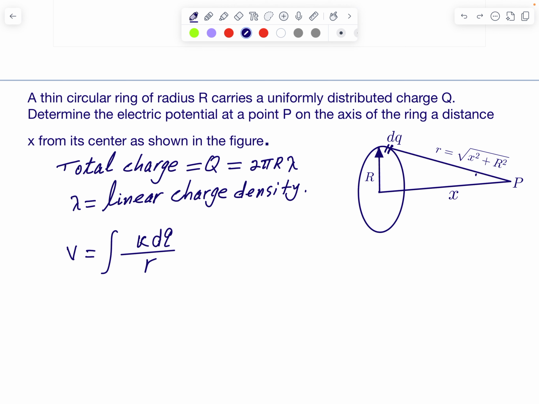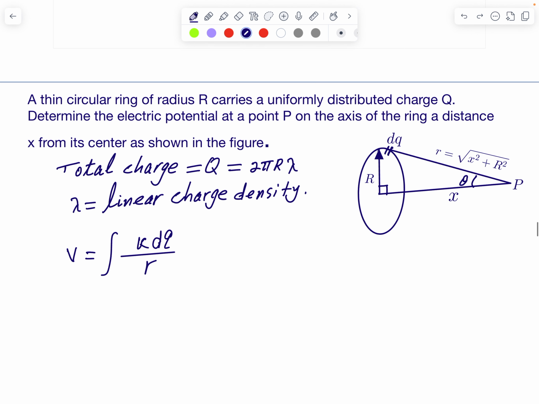If we call the angle theta, this is a right angle triangle, therefore from the ring to the point P is the hypotenuse.